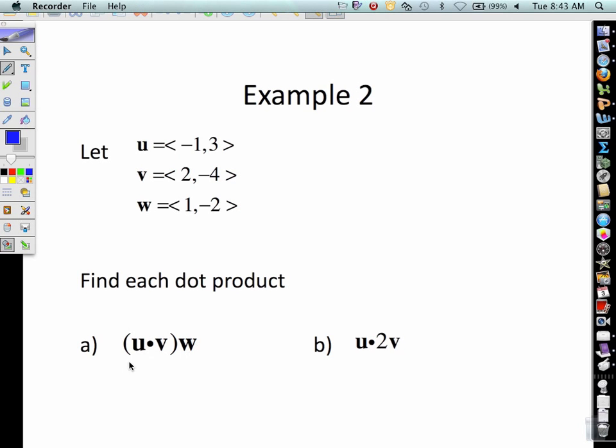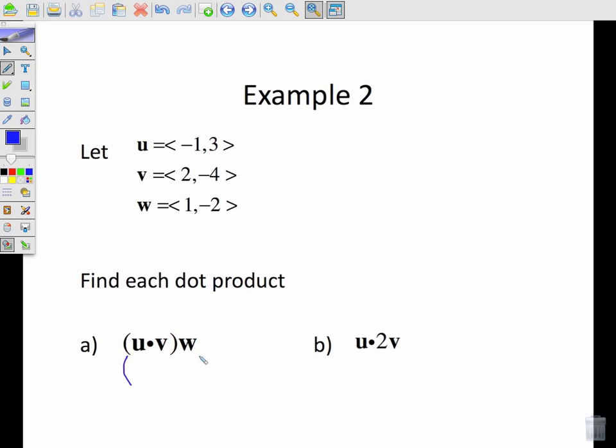You would want to look at your order of operations first. So we'll do the dot product of u and v first, and then we will worry about w in a second. The dot product of u times v: negative 1 times 2 plus 3 times negative 4.